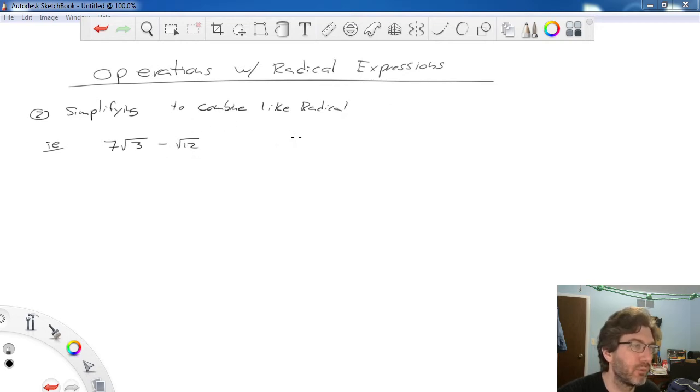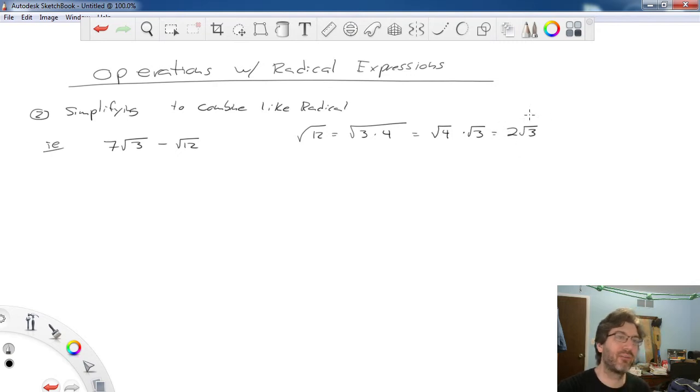Remember, the square root of 12 is the same thing as 3 times 4 is 12, so that's the square root of 3 times 4, and therefore that's going to equal the square root of 4 first, because I can actually reduce it, times the square root of 3, which therefore equals 2 square roots of 3.